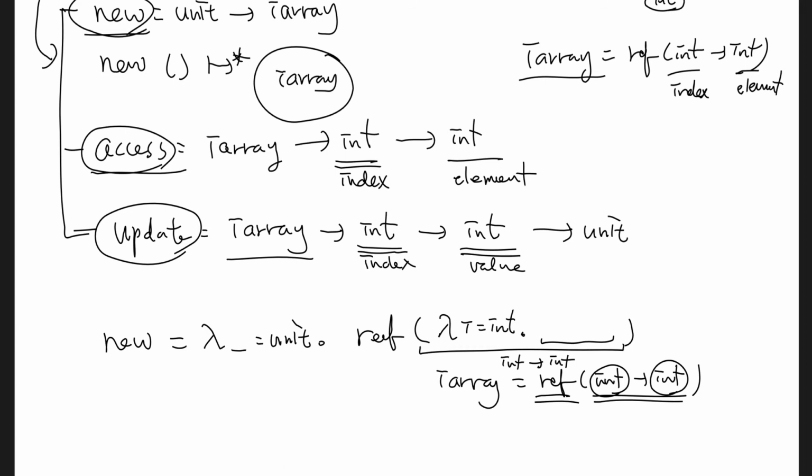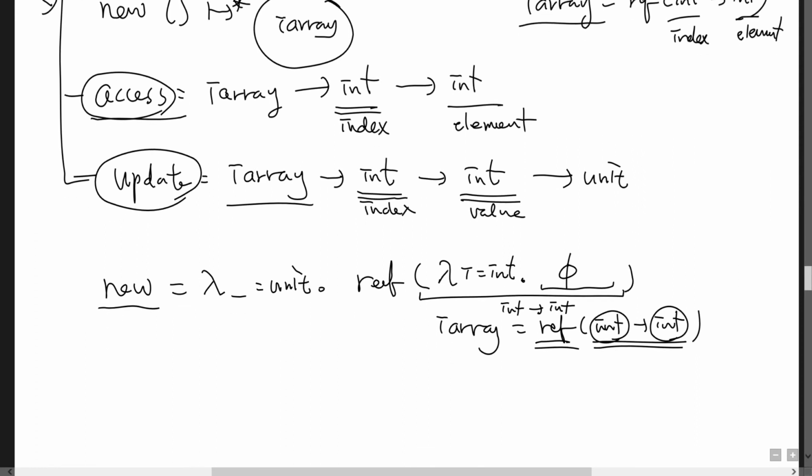So every element in this integer array is going to be 0. That's the way that we initialize this integer array. So you just return 0 here, assuming that integer is one of the base types. So this is how we implement new.